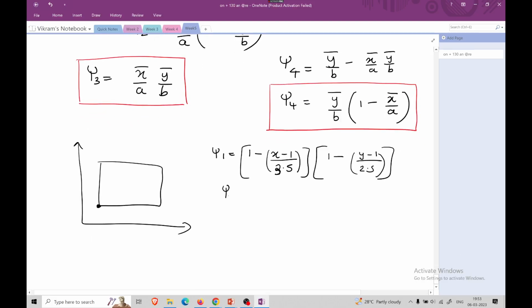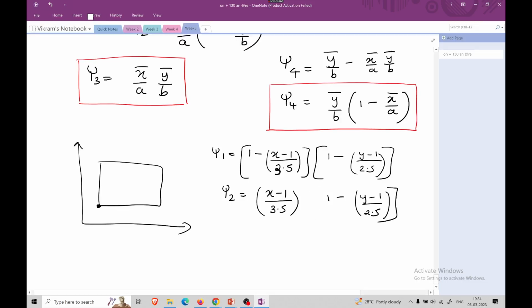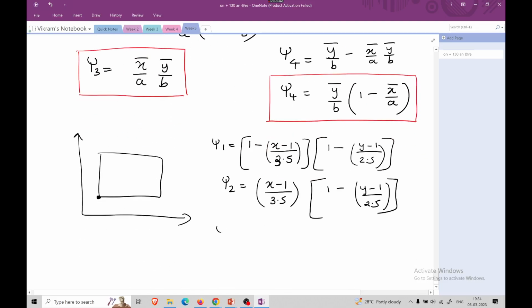Psi 2 is x minus 1 by 3.5 into 1 minus y minus 1 by 2.5. Is that correct? Yes. Psi 3 will be x minus 1 by 3.5 into y minus 1 by 2.5.